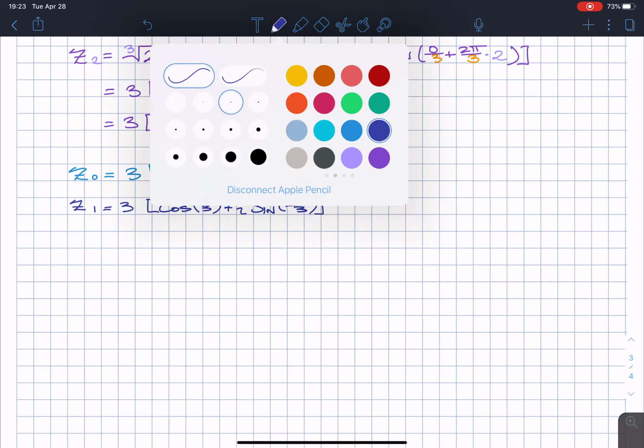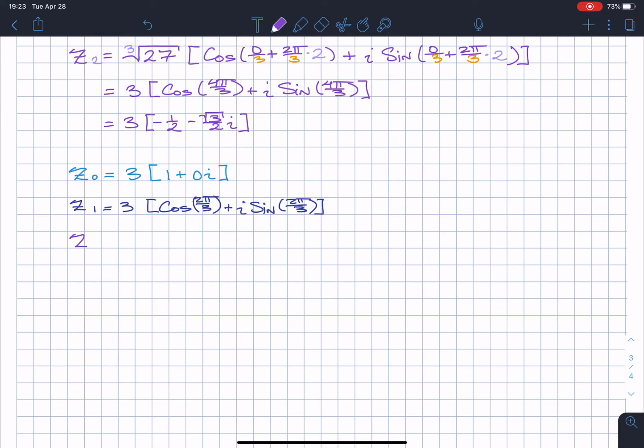And last but not least, we had that z sub 2, the third complex cube root, was 3 times cosine of 4 pi over 3 plus i times sine of 4 pi over 3. Okay, so what I'd like to do with these 3 results is the following.